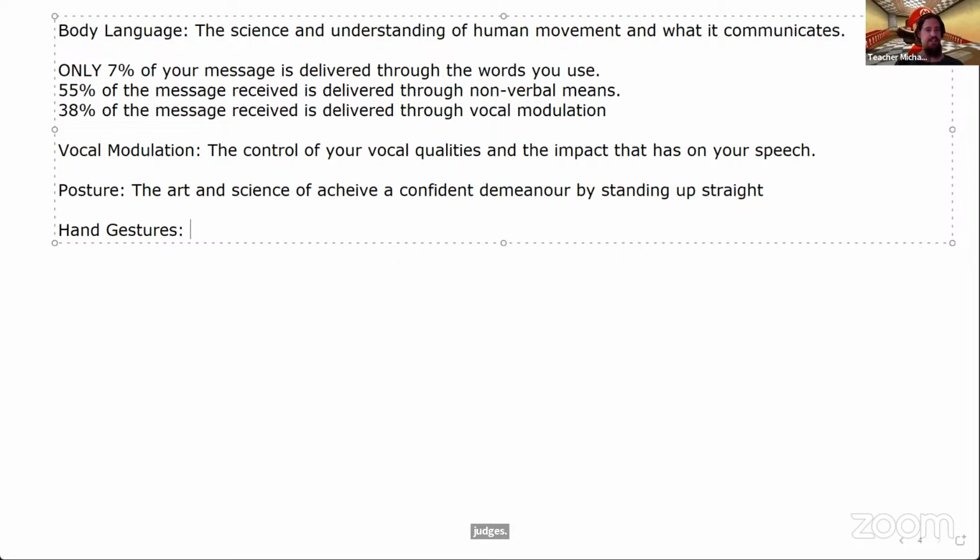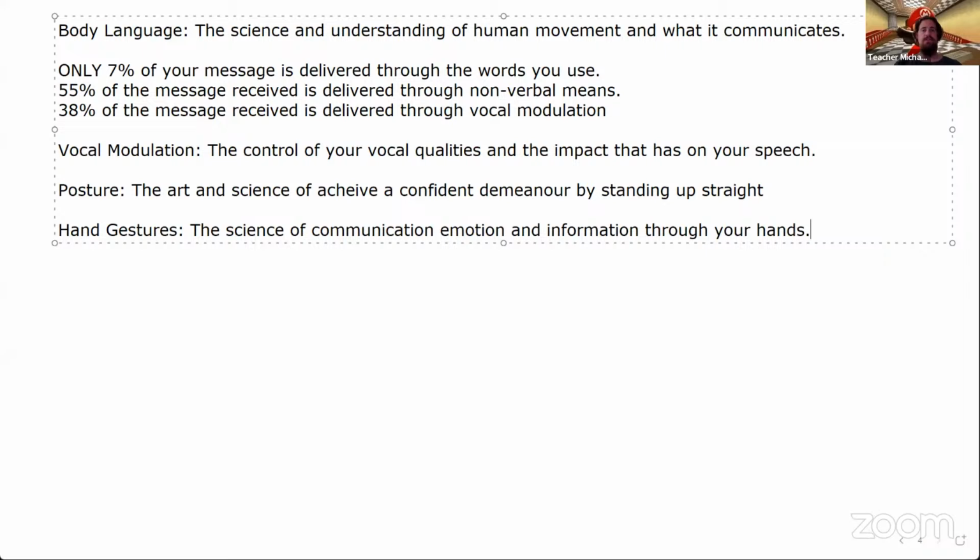We've got hand gestures, which is the science of communicating emotion and information through your hands.